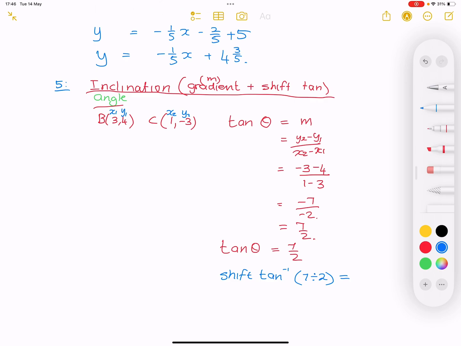That is 74,1 degrees. So in other words, theta is 74,1 degrees, and therefore the inclination is equal to 74,1 degrees. Yes, ma'am. Okay.